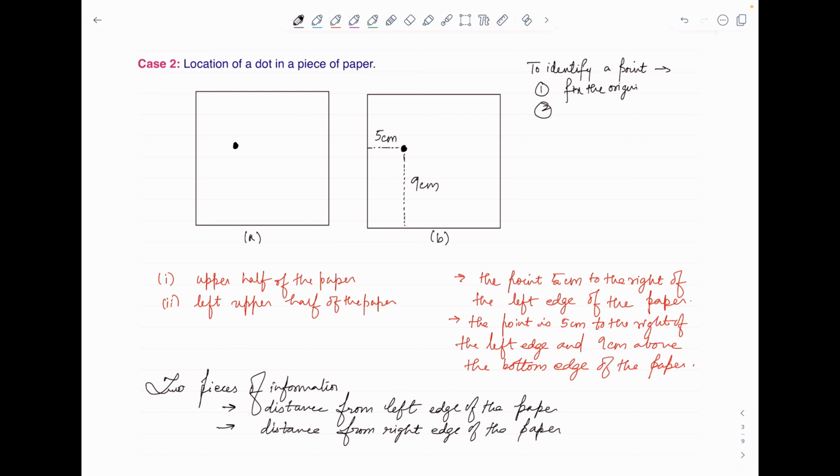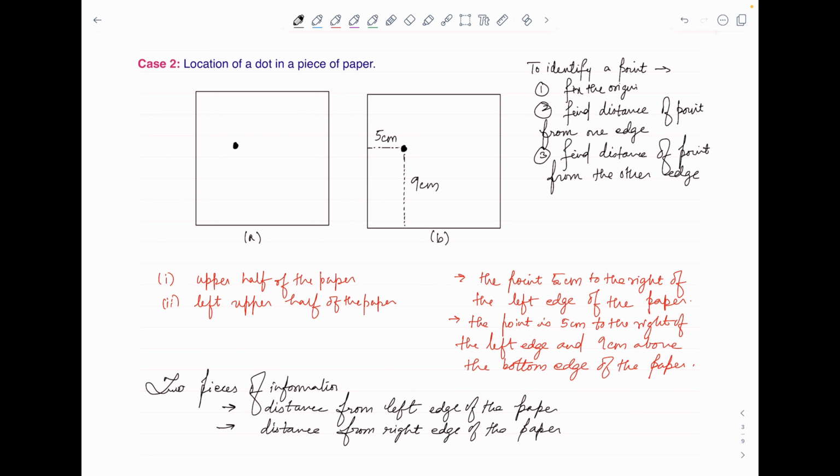Second, find the distance of the point from one edge.